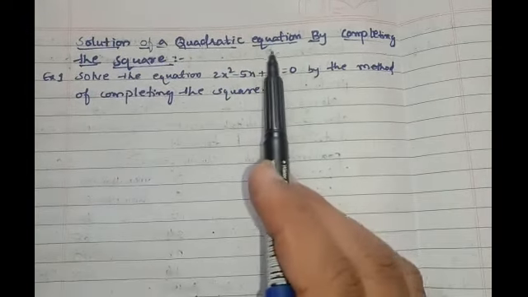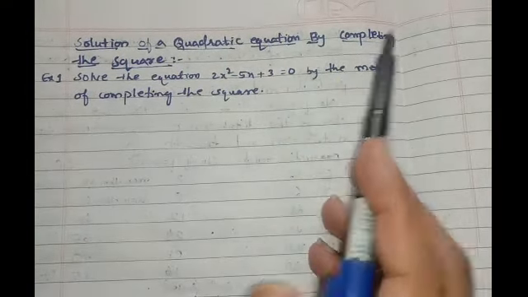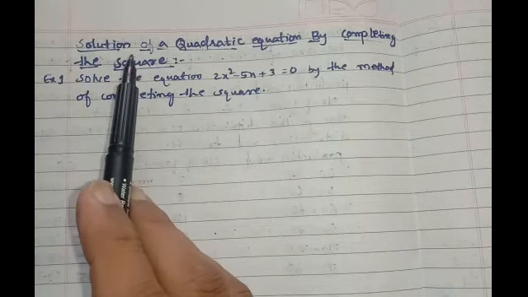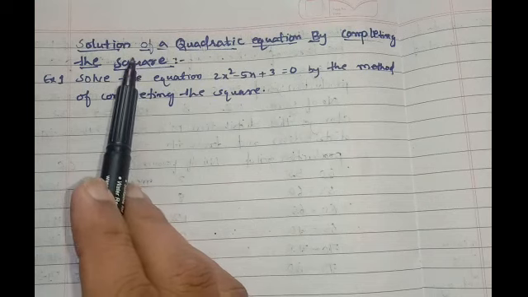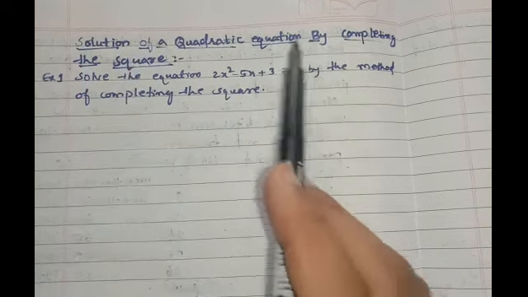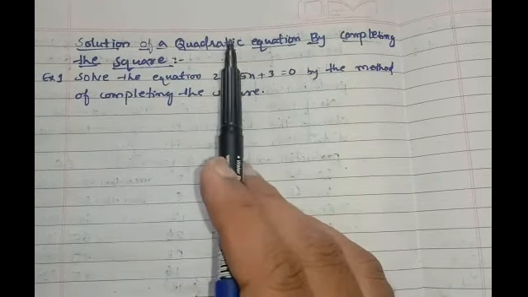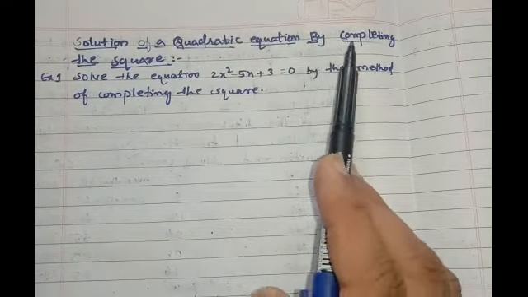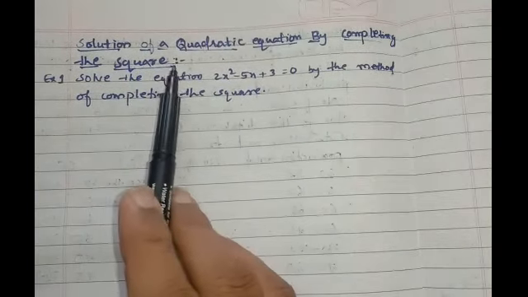Solution of a quadratic equation by completing the square. We have solved the quadratic equation by factorization. Now, under this heading, we have to solve by completing the square.